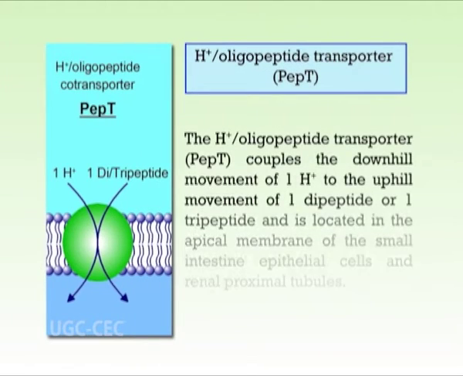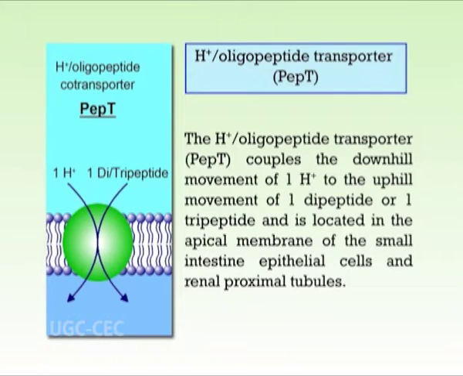The hydrogen ion oligopeptide transporter, PEPT, couples the downhill movement of 1 hydrogen ion to the uphill movement of 1 dipeptide or 1 tripeptide and is located in the apical membrane of the small intestine epithelial cells and renal proximal tubules.